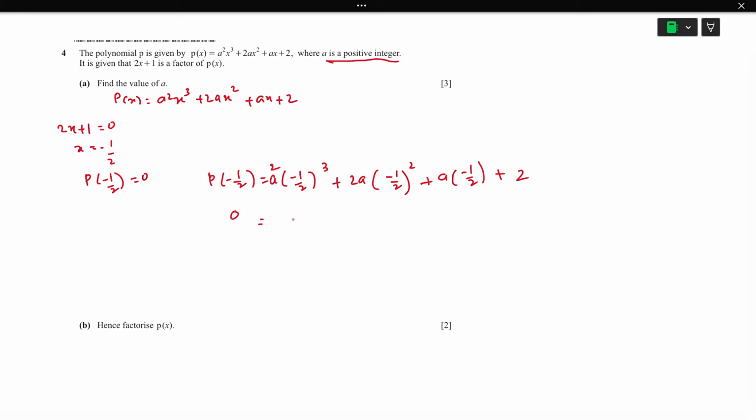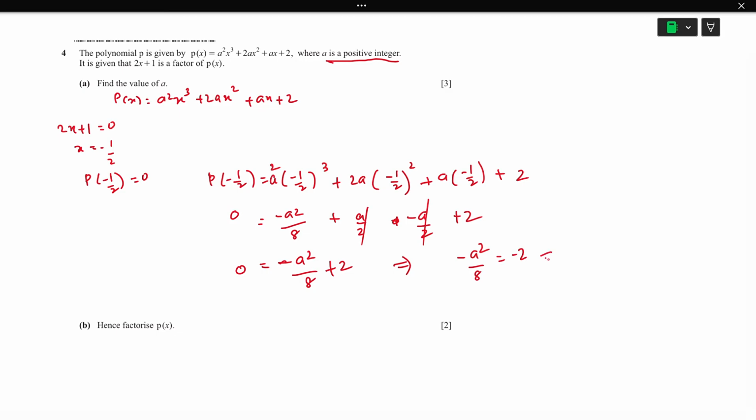First part I'll get minus a square by 8, plus here the 1 and 1 by 2 will cancel, so I'll get a by 2 minus a by 2 plus 2. Now the a by 2 becomes 0. So negative a square by 8 plus 2 equals 0, which gives negative a square by 8 equals negative 2.